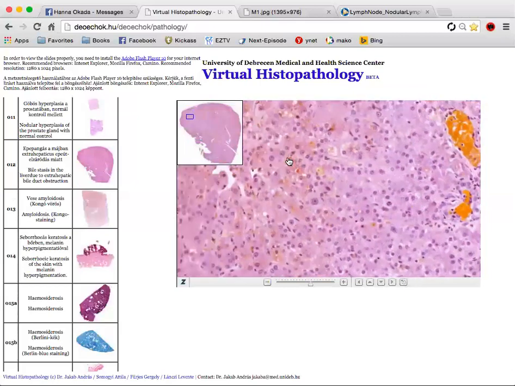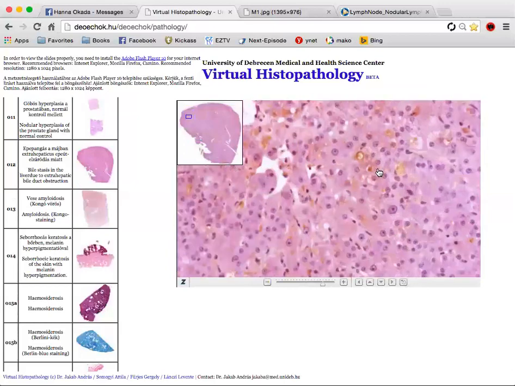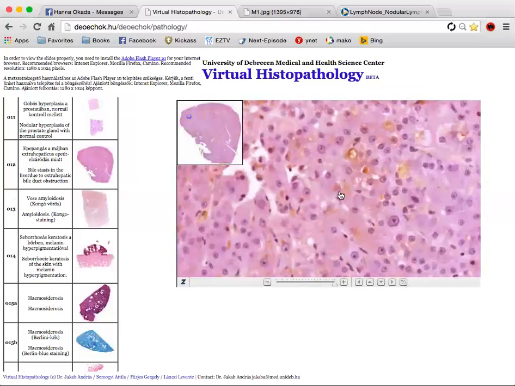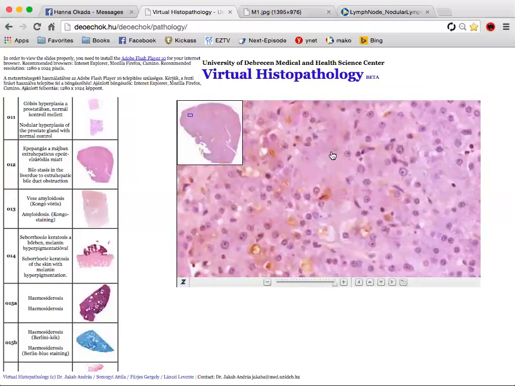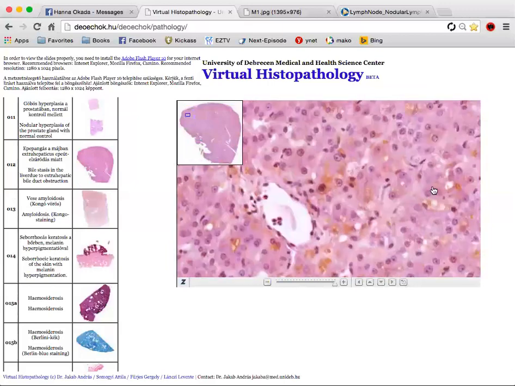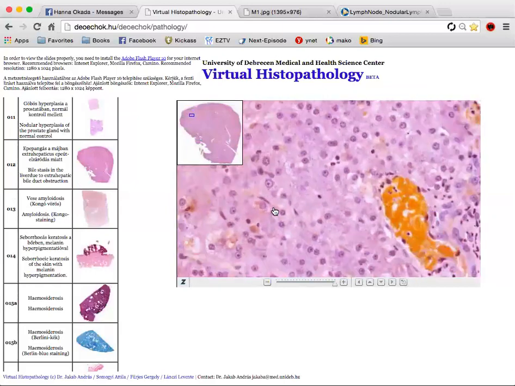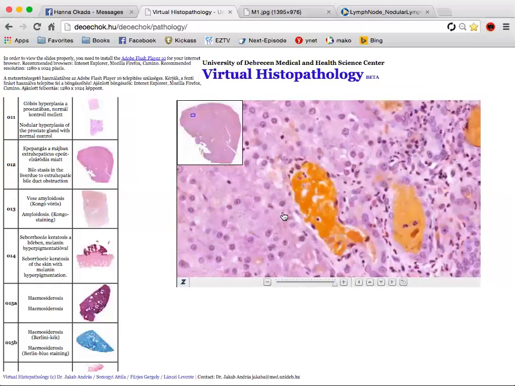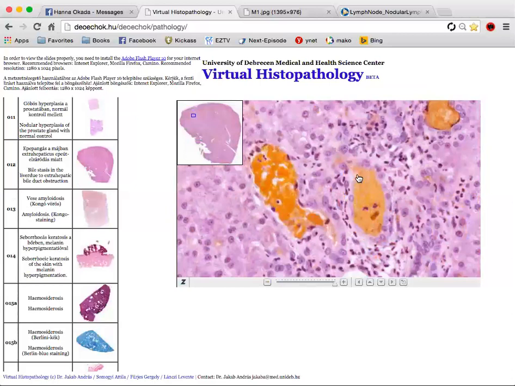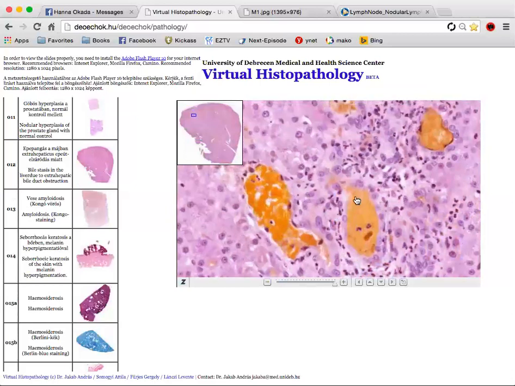But you can see orange pigment that's located both intracellularly and in the spaces of the bile canaliculi, and that's bile. And that it happens because of extrahepatic bile duct obstruction, and you have these areas inside bile ducts that are called bile plugs.